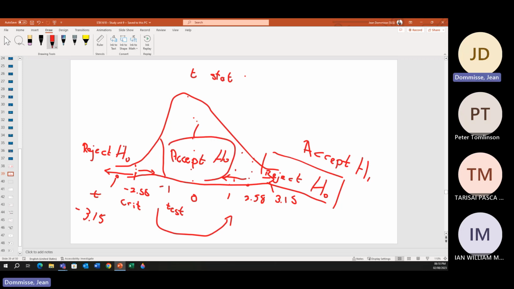Accepting the null hypothesis is exactly the same as rejecting the alternative.